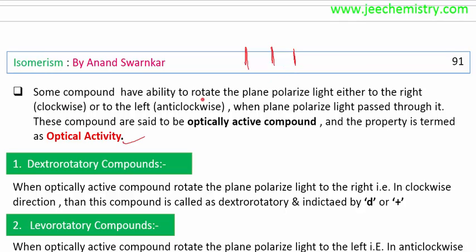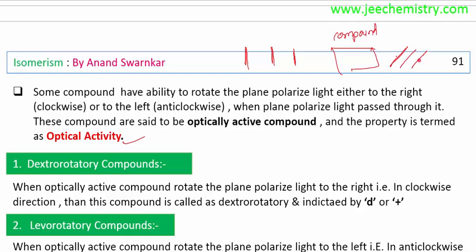Some compounds have the ability to rotate the plane polarized light either to the right or to the left when it passes through them.